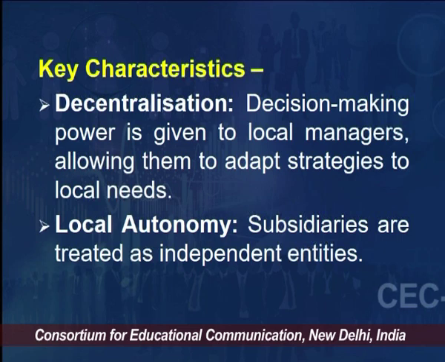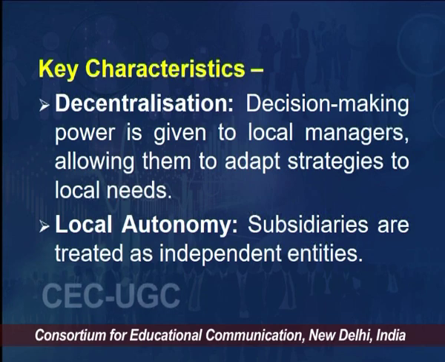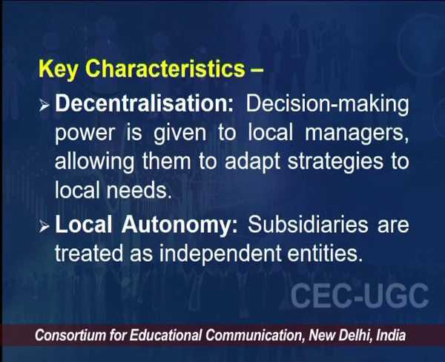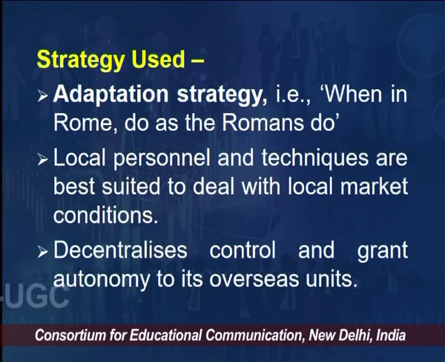Decision making power is given to local managers, allowing them to adapt strategies to local needs. Local autonomy. Subsidiaries are treated as independent entities. The strategy used is adaptation strategy. When we say, when in Rome, do as the Romans do, whatever is required in that market, we are creating a marketing strategy for that market.